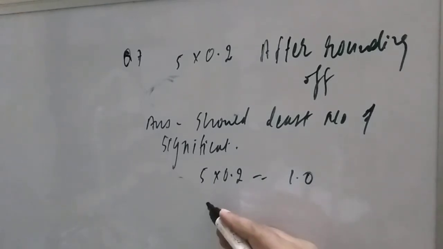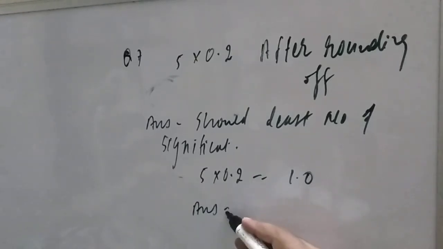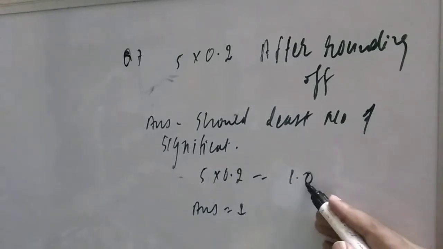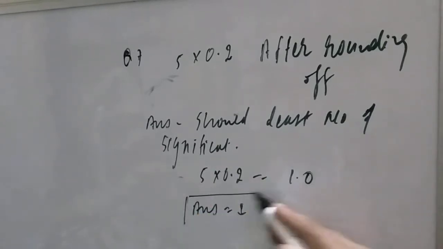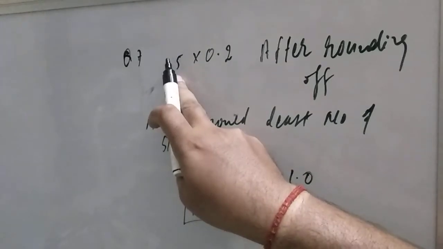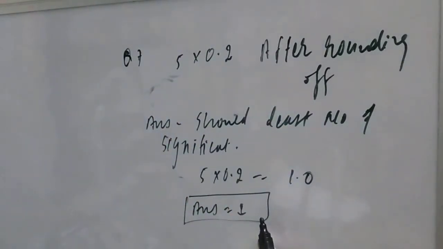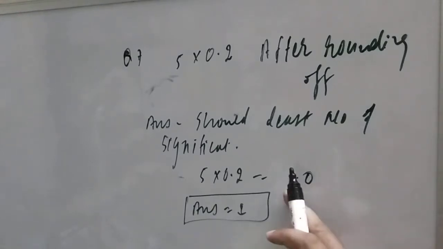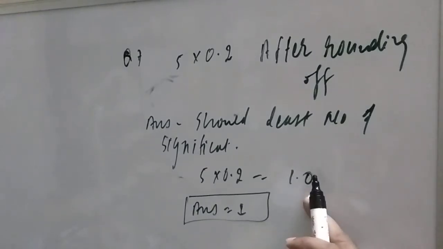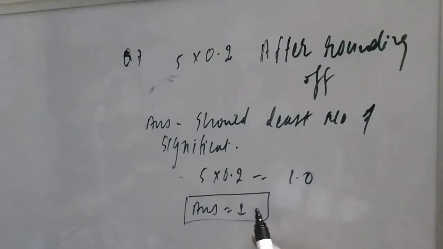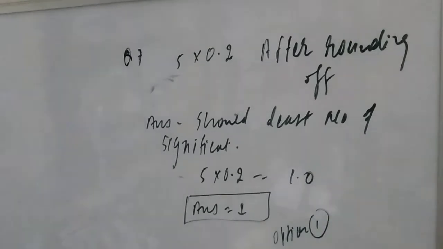The answer will be 1, not 1.0, because this has one significant figure and this also has one significant figure. So the answer should have the least number of significant figures. If you put 1.0, it has 2 significant figures. So the correct answer will be option number 1.